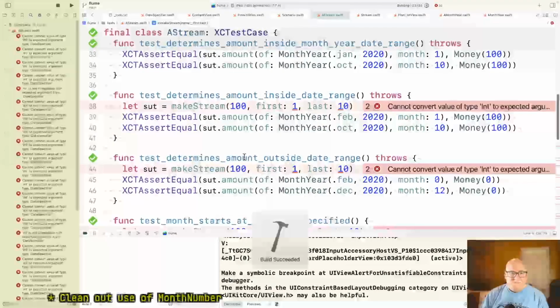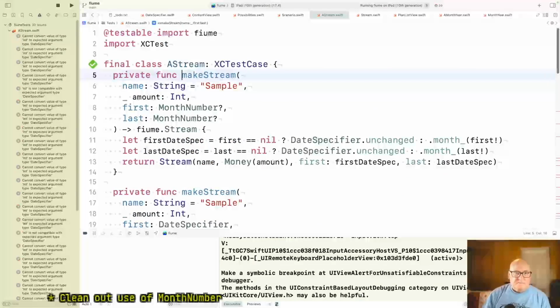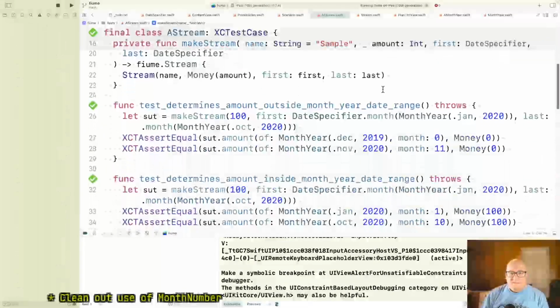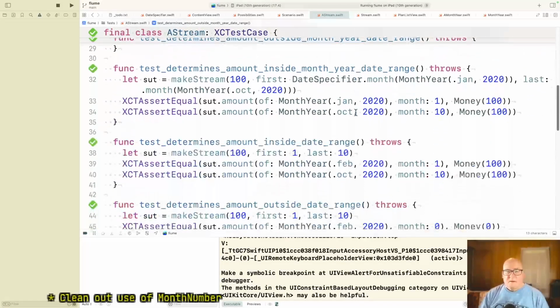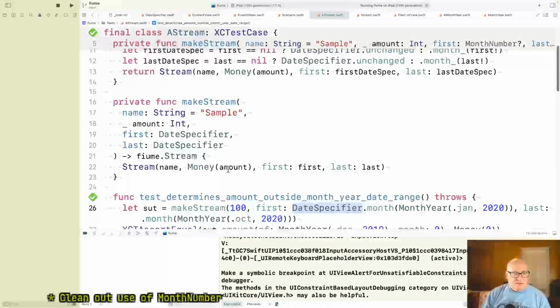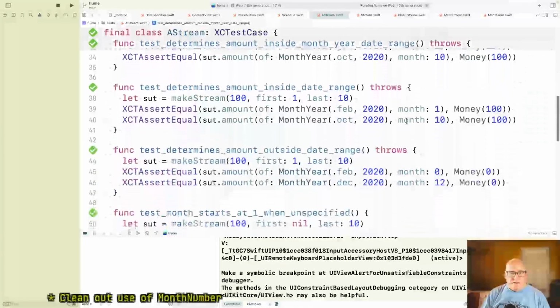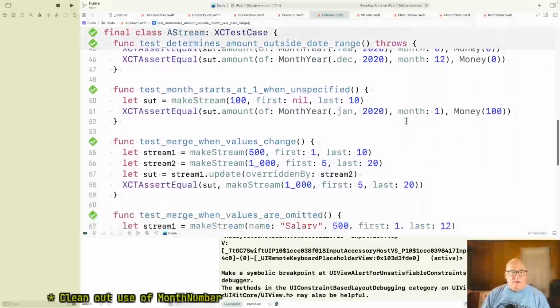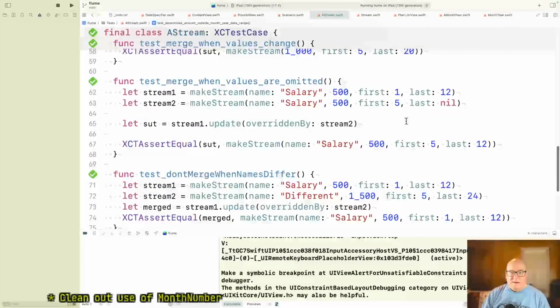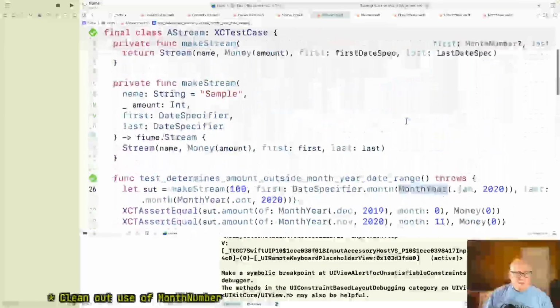Okay. Well, you know, are we consistently using this date specifier? I think we are.